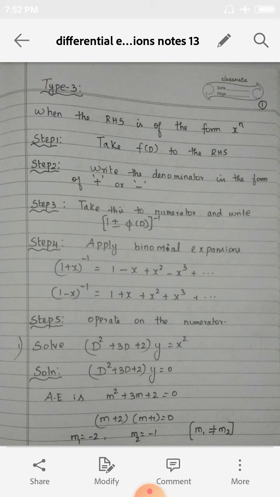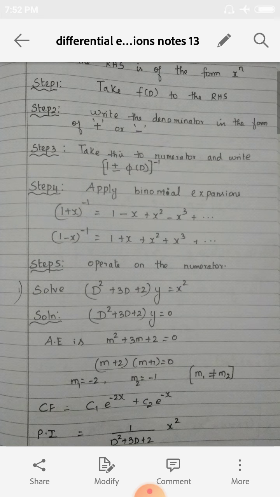This is an important step, you have to make the given equation in the form of 1 plus or minus phi of d the whole power minus 1. In the form ku kondu varanum, binomial form ku we have to take the numerator. And step 4, we have to apply the binomial expression, these two formulas.